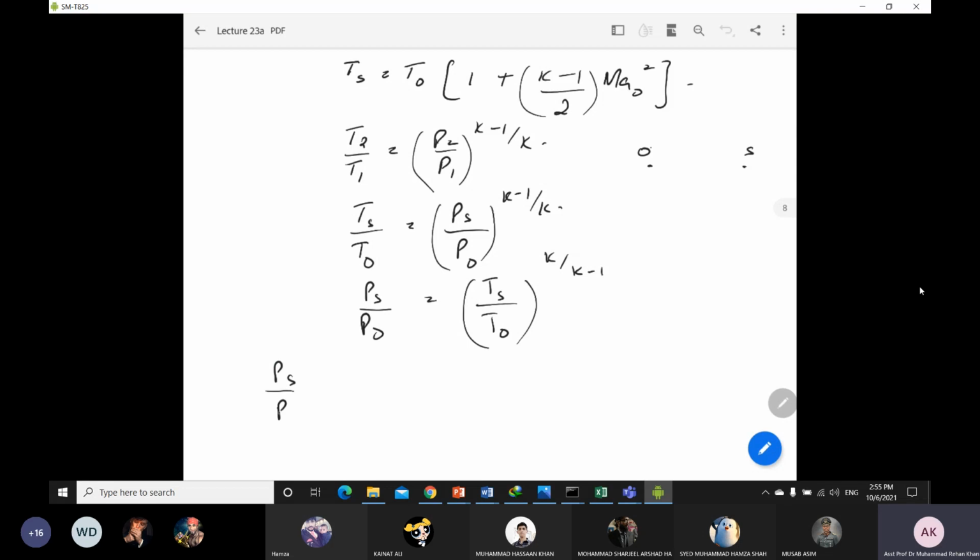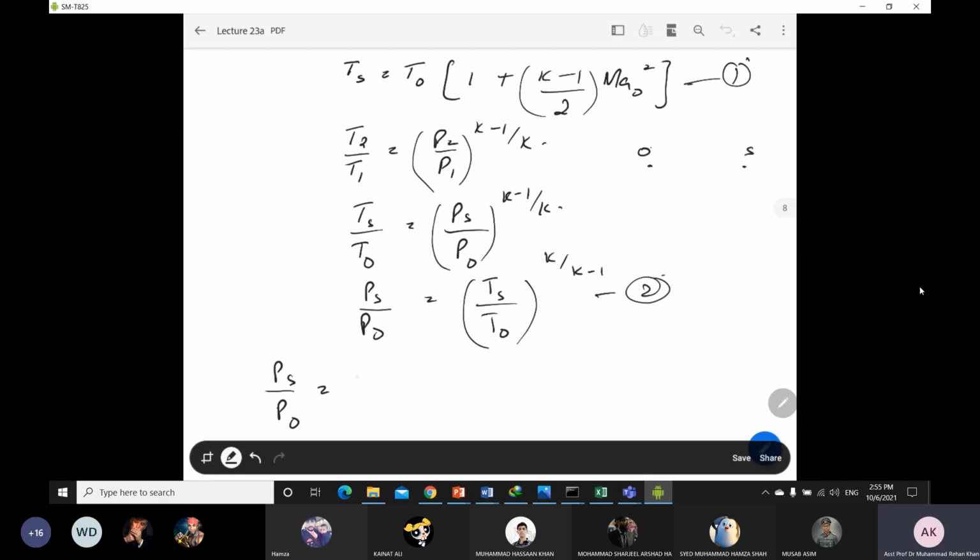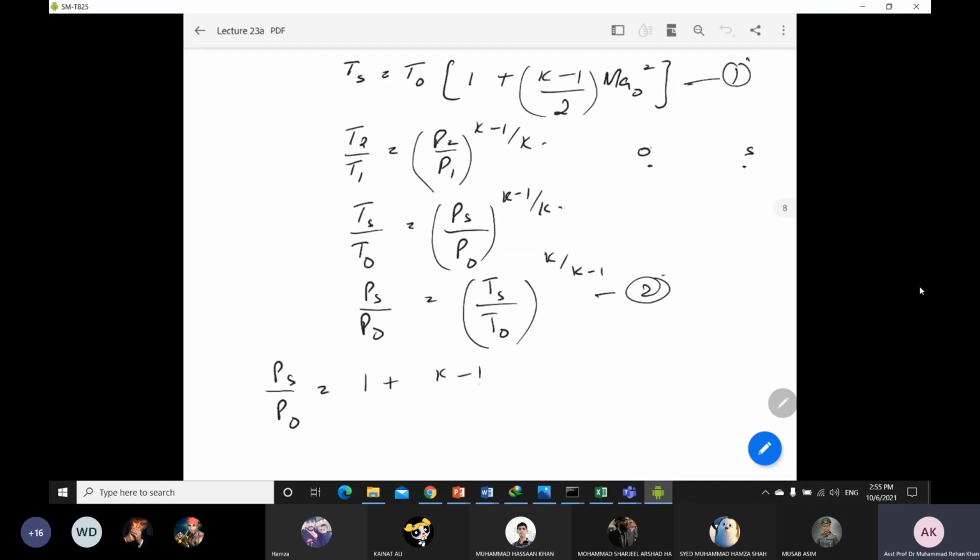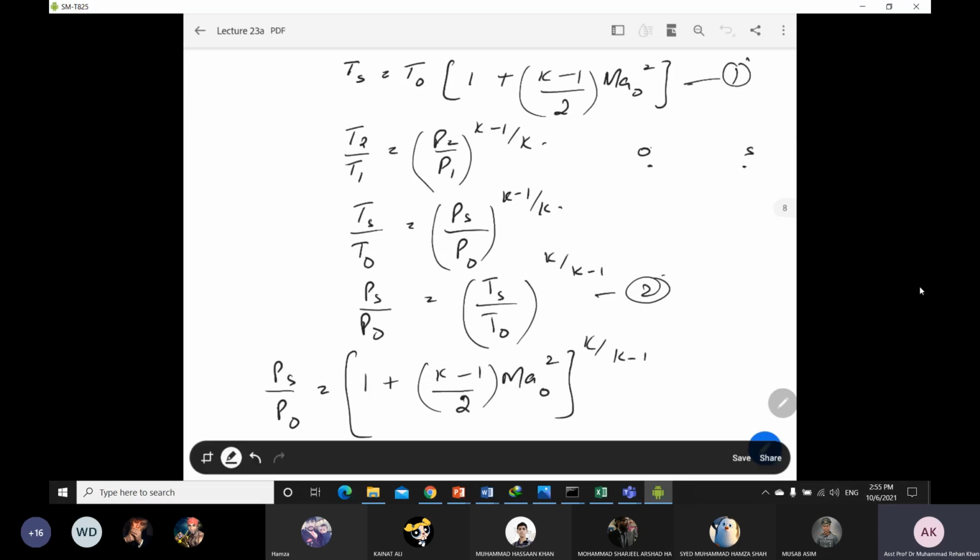If I put the value of Ts divided by T naught from equation number 1, the equation becomes 1 plus K minus 1 divided by 2 Mach naught square, raised to K divided by K minus 1. This is your equation for the stagnation pressure.